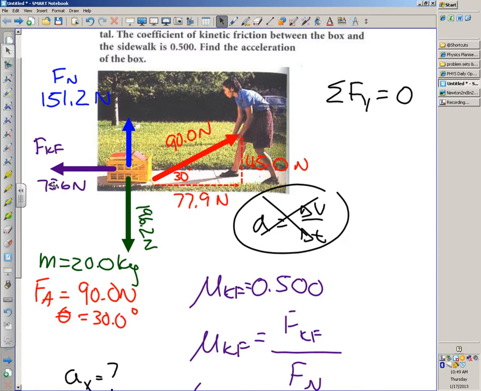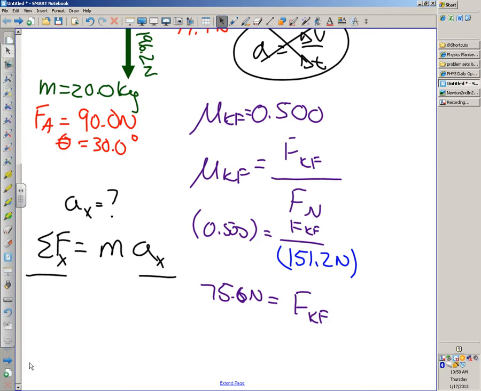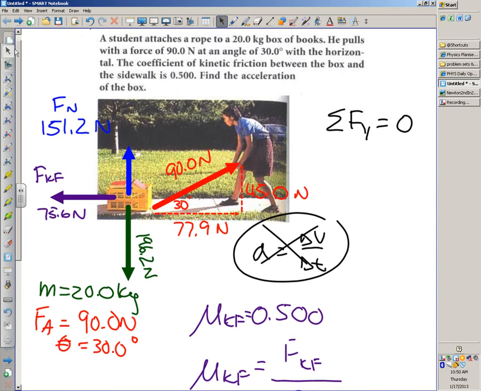How come you would not include the 90 units as a force? That's a good question, by the way. When we look at horizontal, that's the equivalent of being on the x-axis. Why don't we include the 90? Is that 90 on the x-axis? It's not on either axis, and that's why we broke it up into its components.